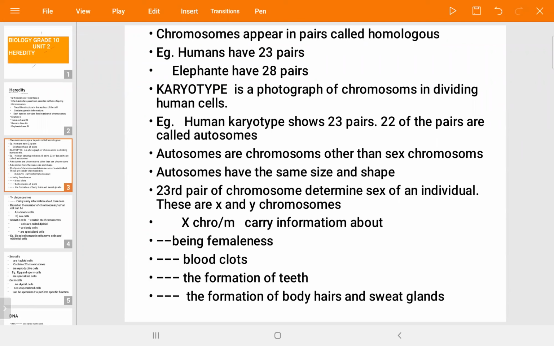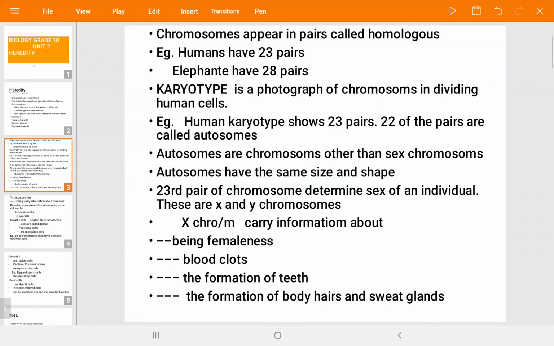Now, the question is, what about the 23rd, the remaining single pair, which is inherited from the mother and the father? The 23rd pair contains a chromosome from the father and a chromosome from the mother. This will make everything clear.